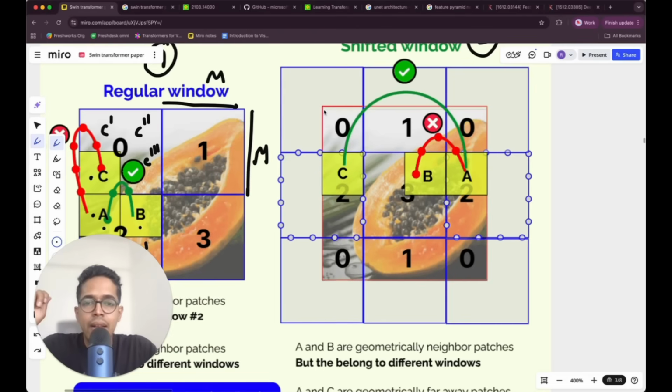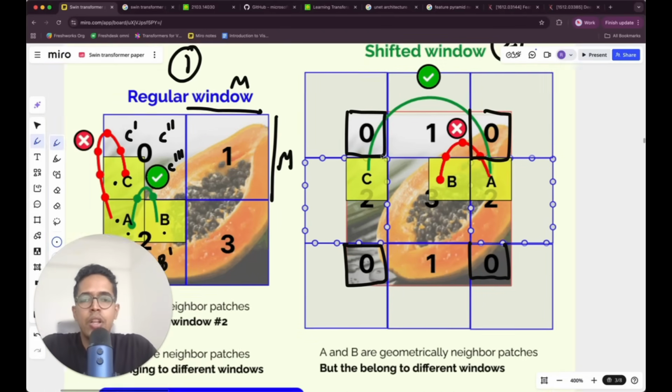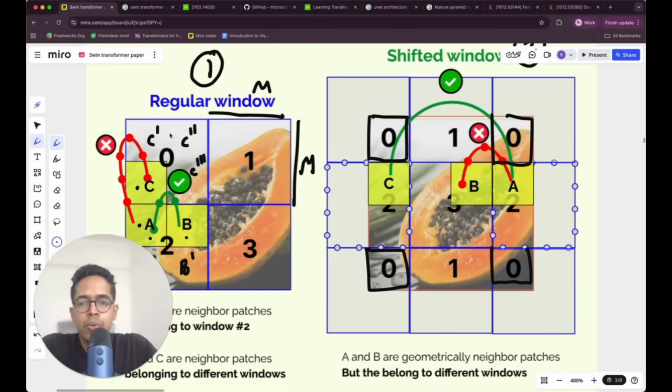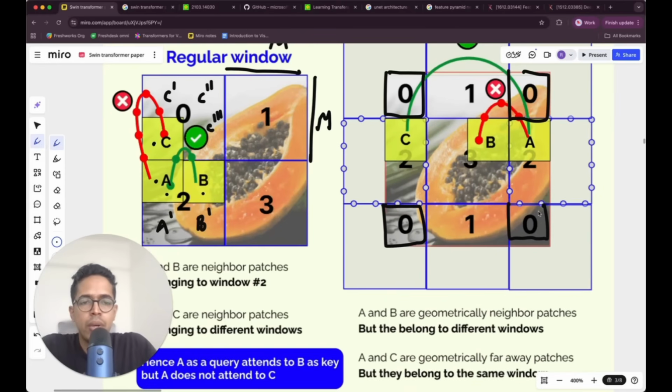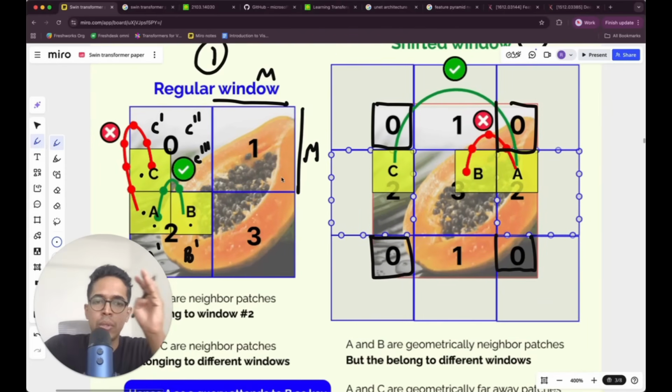So I'll have one patch which was this, one patch which was this, one patch which was this, and one patch which was this. In regular window, this patch was belonging to window ID 0. This patch was belonging to window ID 1. This patch was belonging to window ID 2, and this patch was belonging to window ID 3, which means those 4 windows never paid attention to each other in the regular window.